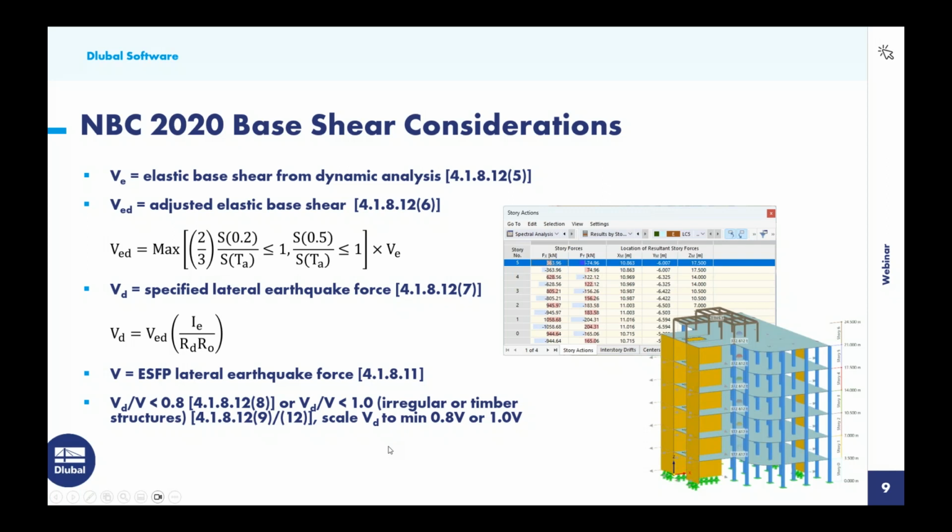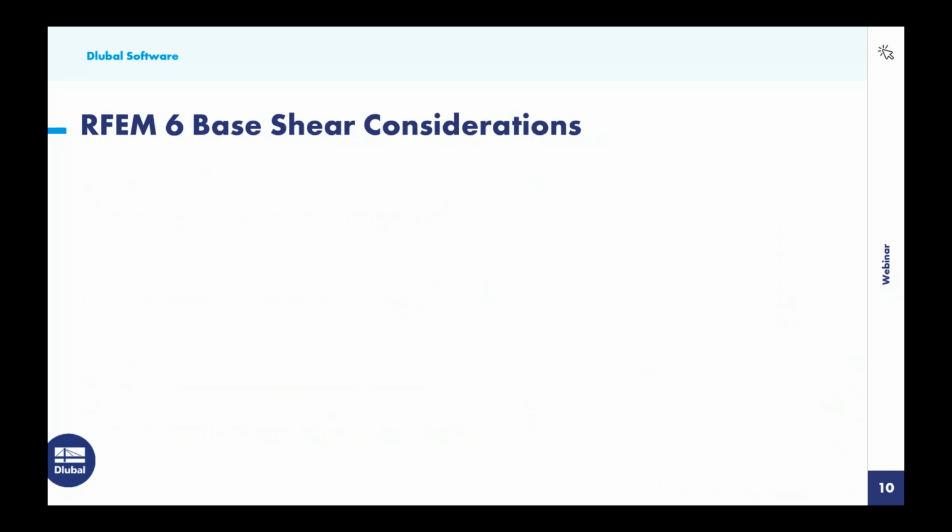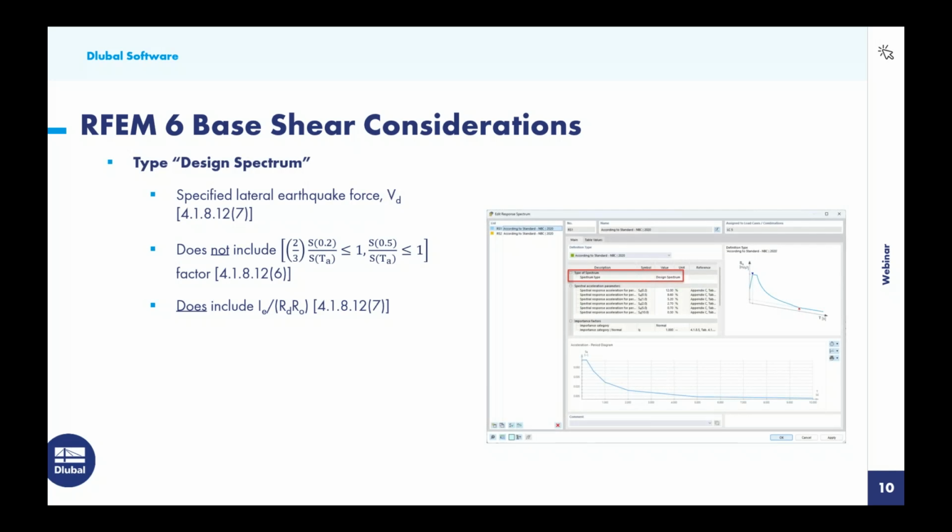So the question might be, well, with all of these different base shears, what is RFEM giving me? So on this next slide, let us talk about the result output from the response spectrum analysis. If you remember, when we created that response spectrum analysis definition type according to the NBC, we had set the type to design spectrum.